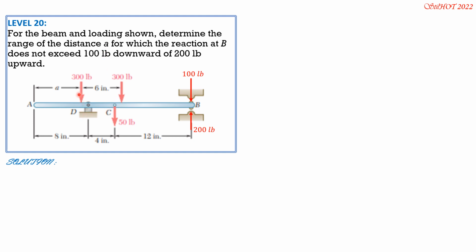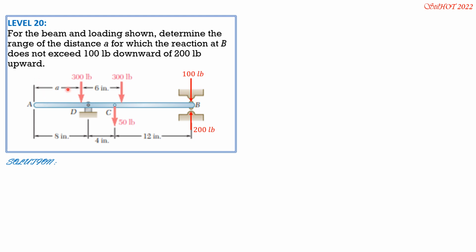So if A is minimum, so A is small, so 300 should be closer here. So if it is closer here, there's a tendency that A will go down, so it will push B upward. So this is the activated reaction, 100 pounds downward, if A is minimum.